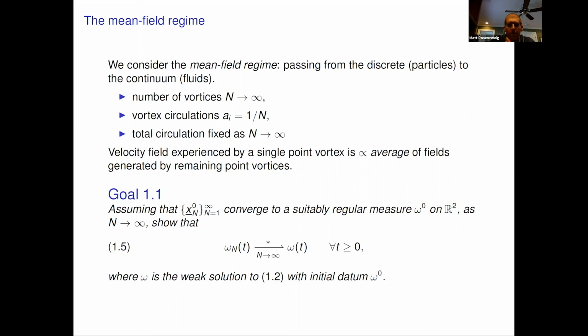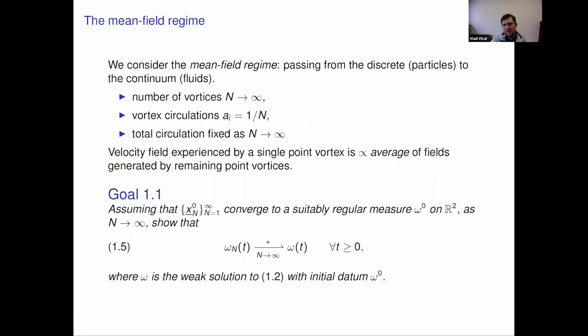So the goal is, if we assume that our initial data, or more precisely, the empirical measure generated by the initial data to the point vortex system, converges to a suitably regular measure, omega naught, on R2 as n goes to infinity, we want to show that the time-evolved empirical measure converges in some weak sense to the solution omega of the Euler equation with initial datum omega naught.